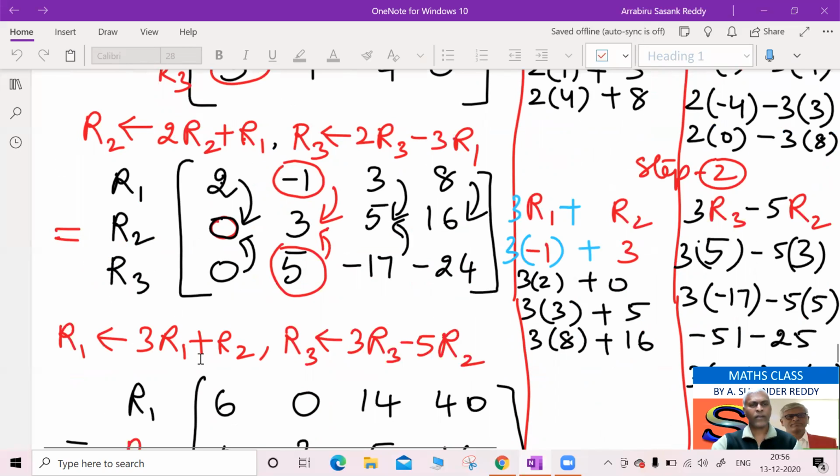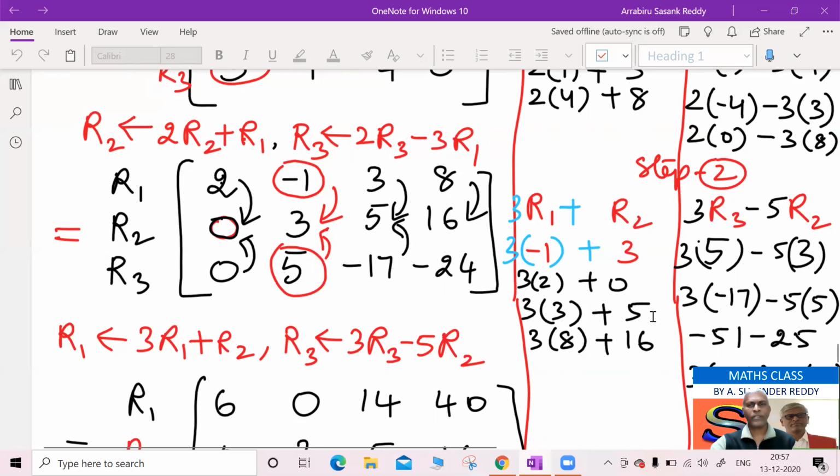By applying 3R1 plus R2, the entire first row's elements change accordingly. So in the -1 place, it becomes 0. And in the 2 place, you take 2 and 0. So 3 into R1, 3 into 2 plus R2 0, that becomes 6. You take 3 and 5.